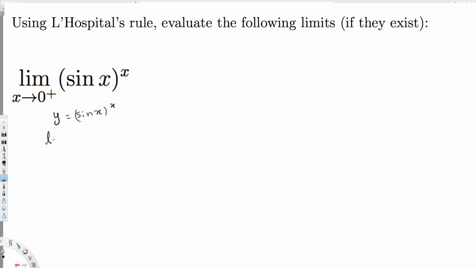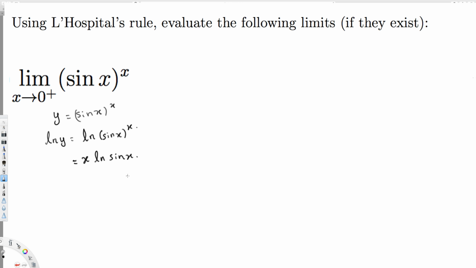So ln y is equal to ln of sine x power x. I can bring this x to the front, and that becomes x ln sine x.